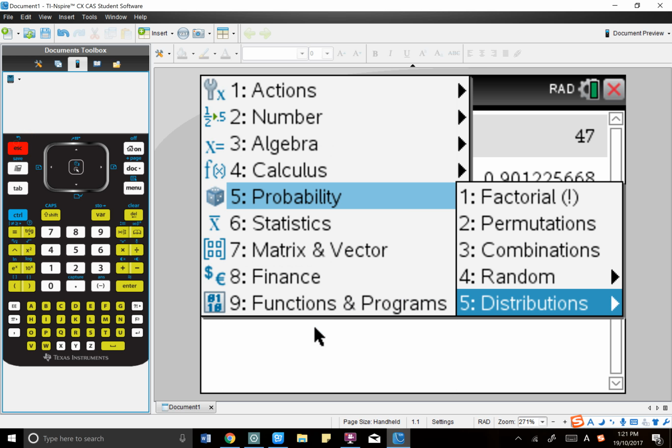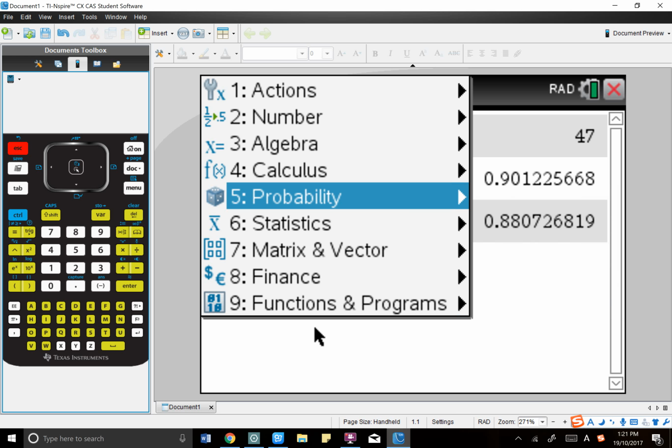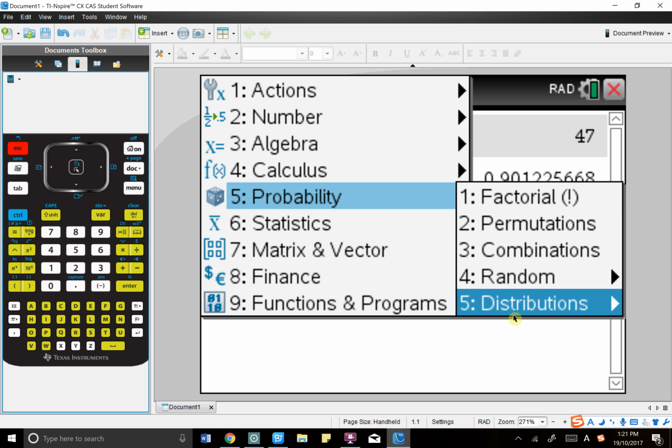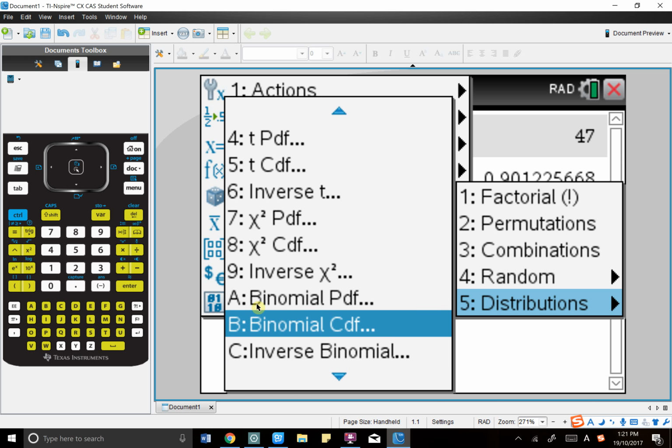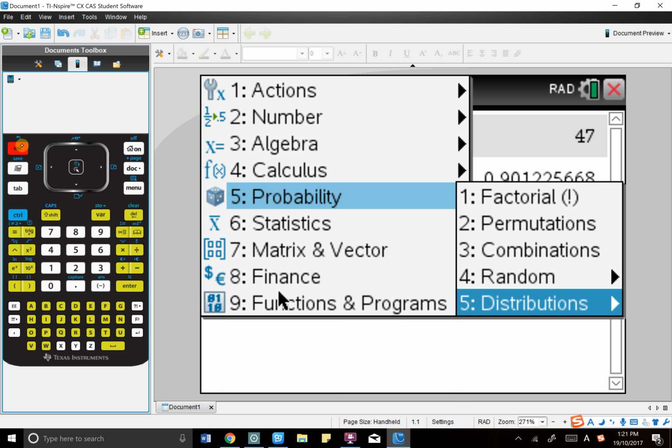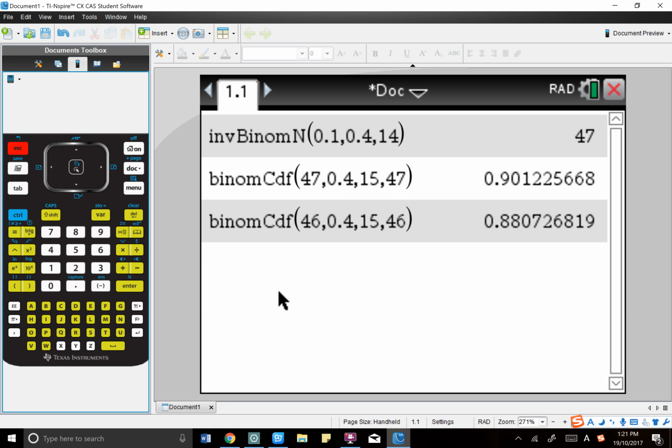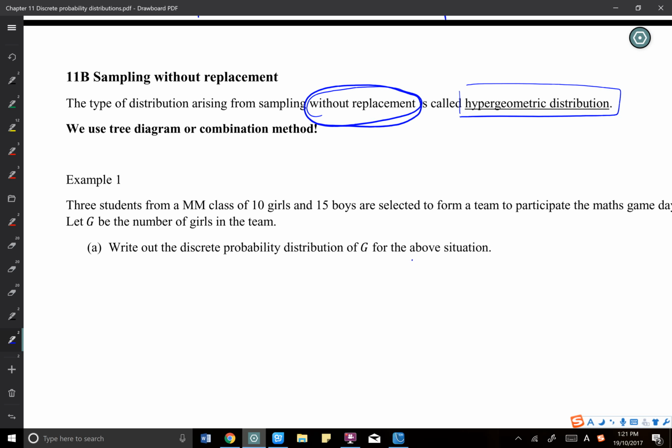That's what I learned in uni. Well, you learn 3 basically. So which 3 will you learn in high school? You will learn normal in year 12, you will learn binomial in year 12. But the third one we learn is called hypergeometric, but actually that's the first one we learned. Hypergeometric distribution, but it's not in the calculator.